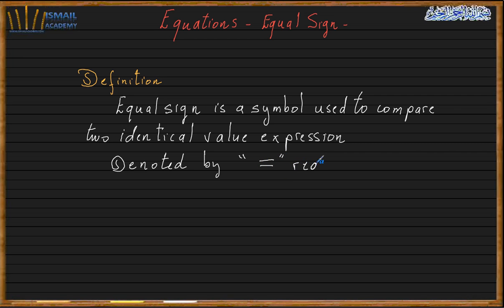So how do we read those? Parallel bars: equal to.